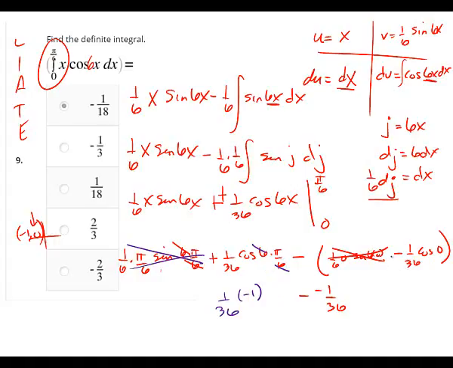It should have stayed negative, and there's already a negative 1/36 there, and the subtraction distributes. Okay, we're good now. So negative 1/36 and negative 1/36 is negative 2/36, which reduces to negative 1/18.